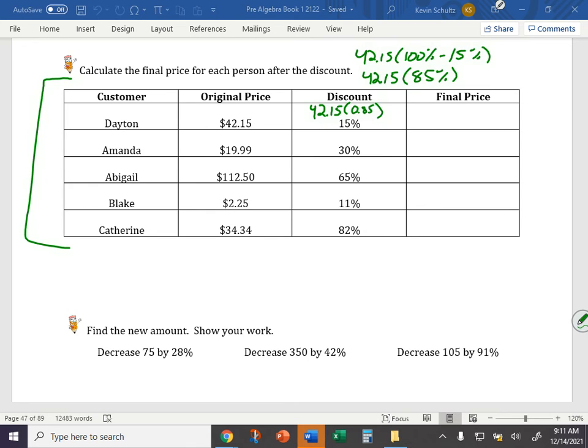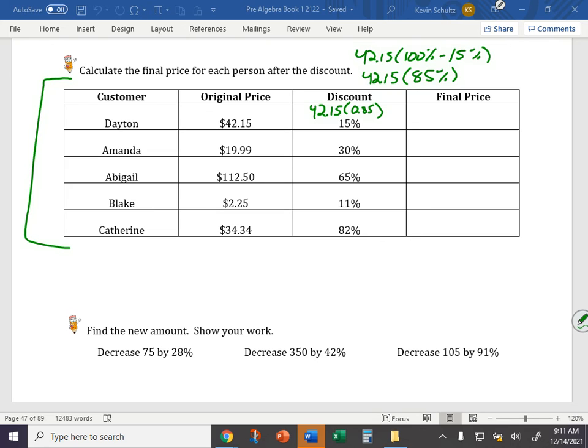Tony mentally converted 85% to 0.85, and that's where we get this calculation. Because we're talking about money, what should you round this to? Not the nearest dollar, not the nearest tenth, hundredth, nearest penny. Two decimal places out.